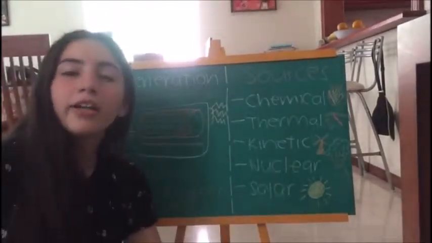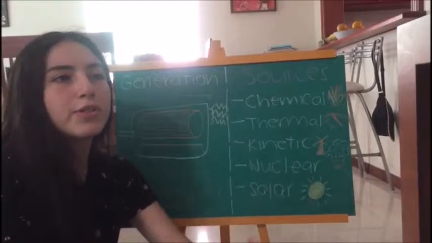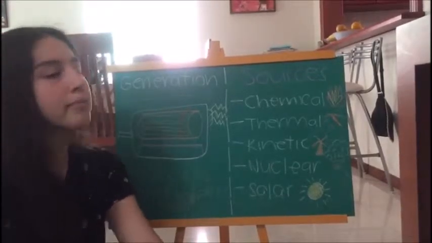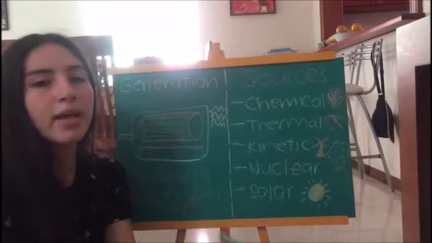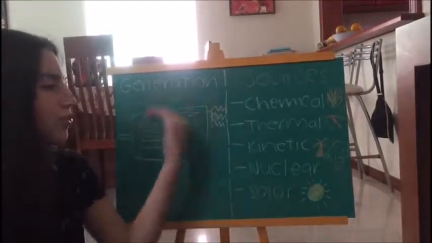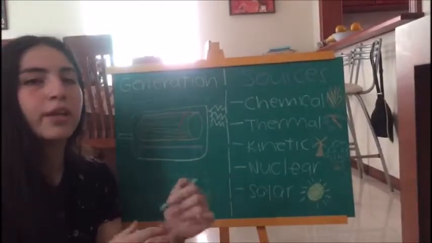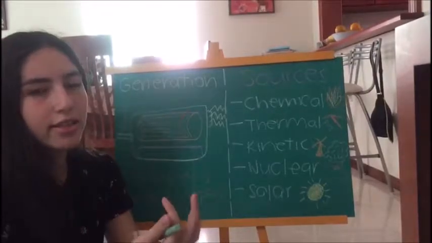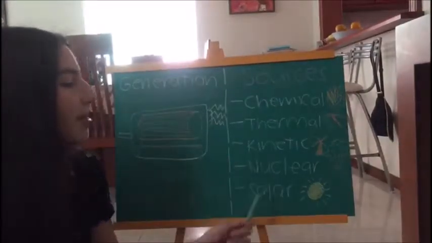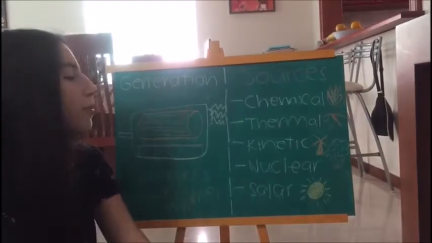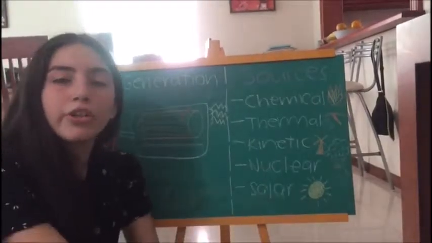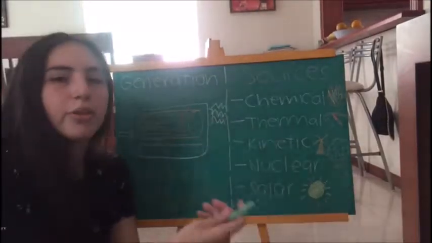And then the nuclear energy comes when you split a uranium atom, and this creates heat in the form of steam, and then this goes into also a generator like this one, and it creates the electric energy. And the solar energy comes from the solar panels, which transform the solar energy directly into current that goes to the consumer, obviously.